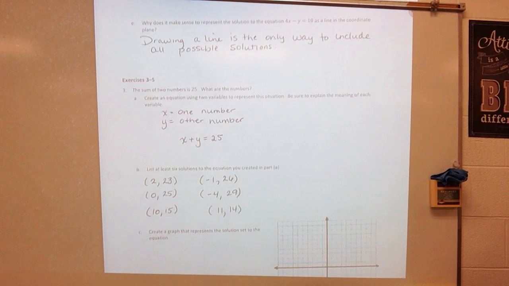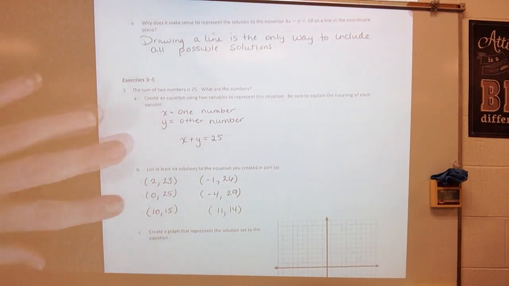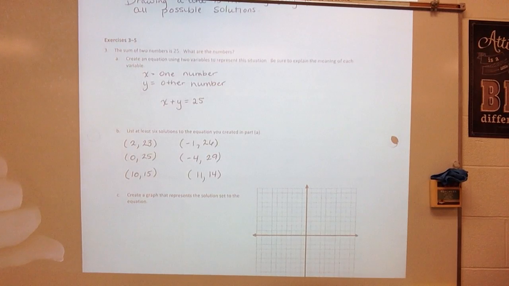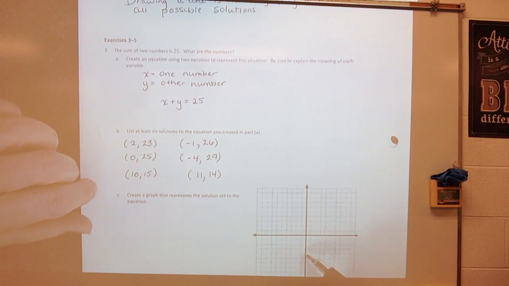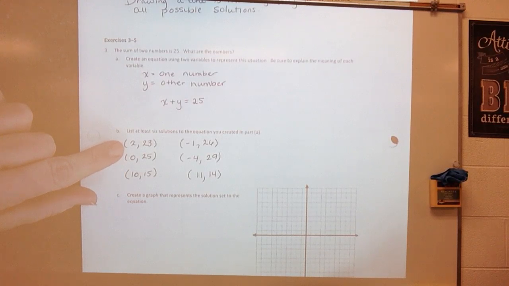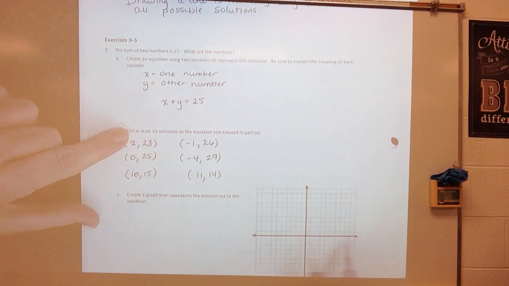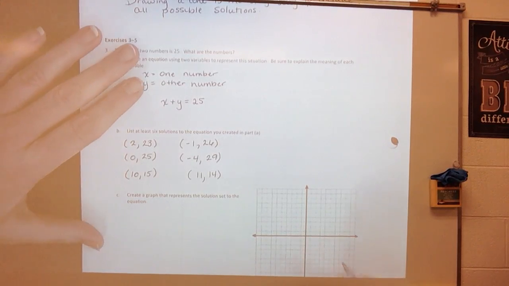Create a graph that represents the solution to the equation. I'm going to let every line equal 2 on my y value, and on my x value, I'm just going to let my lines equal 1.